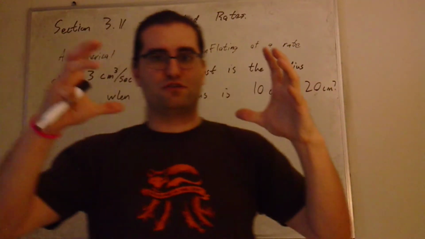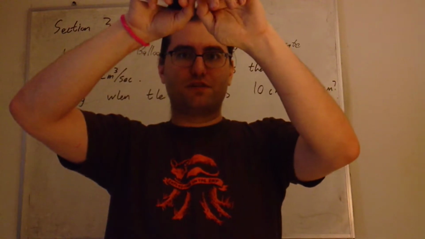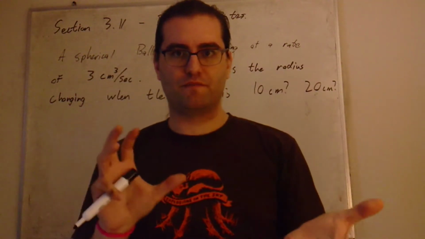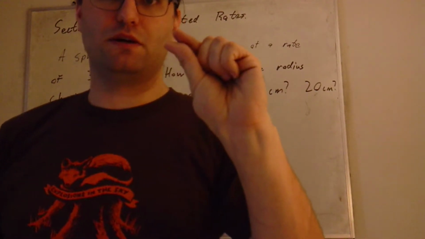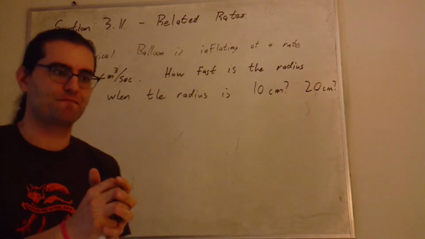If you do that to a 20 centimeter radius balloon, that 3 cubic centimeters is going to be stretched much more thinly across a lot more surface area, and it's going to create a much smaller change in radius than when the balloon was smaller.